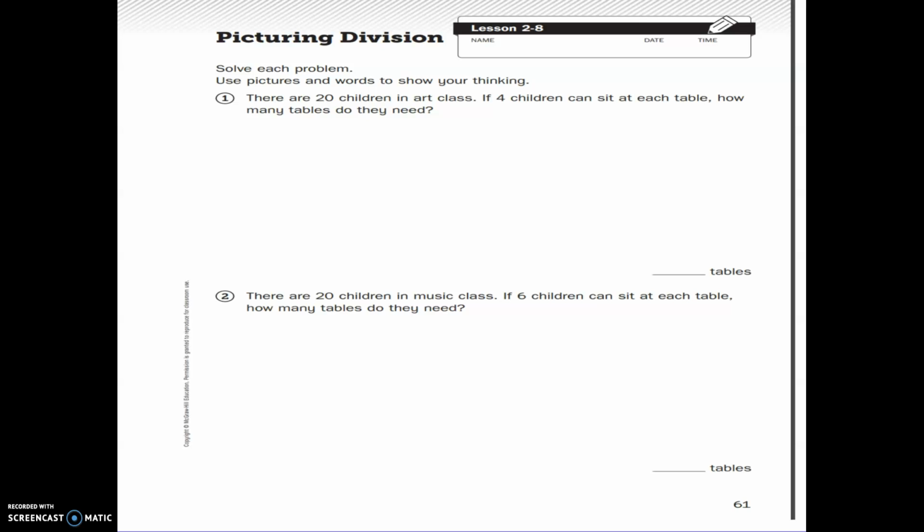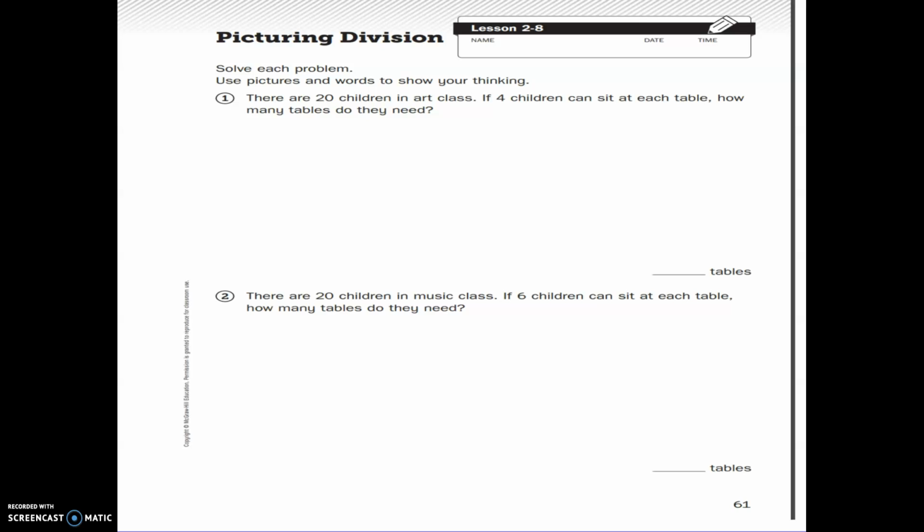But anyway, this paper. You should have this. It should have been sent home. If you don't have it, then you can go ahead and print it off or just read the problem and answer them. I'm going to read the problems to you. It says, solve each problem, use pictures and words to show your thinking.